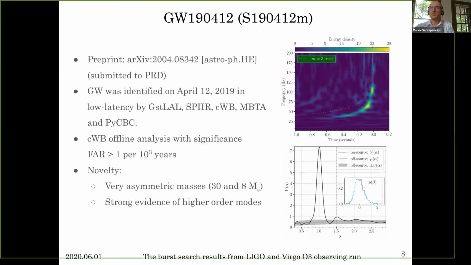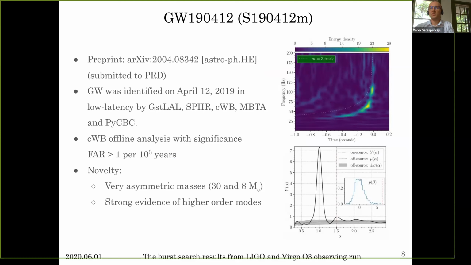Recently we have published a very interesting gravitational wave. You can find a preprint. This publication is submitted right now to PRD. It was detected by all pipelines that were running online at the time. Coherent waveburst provided a significance of this event of 1 per 1,000 years.